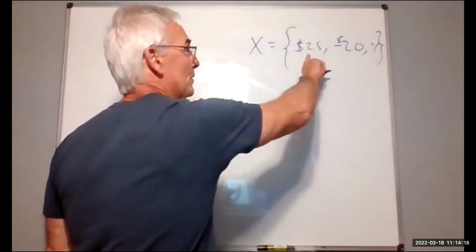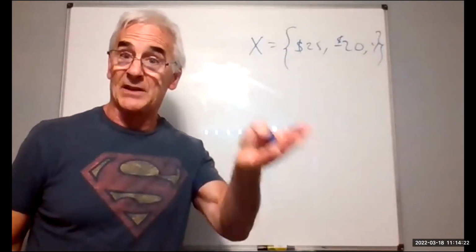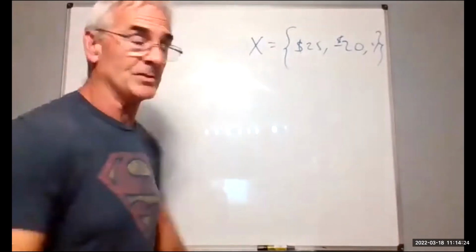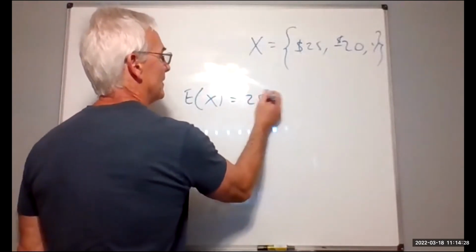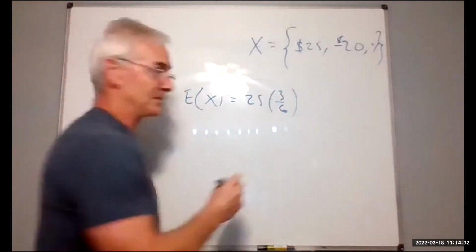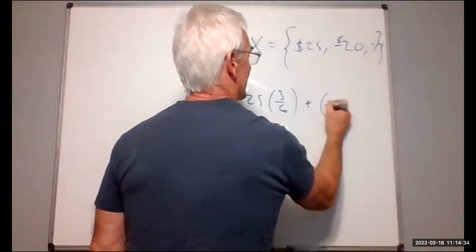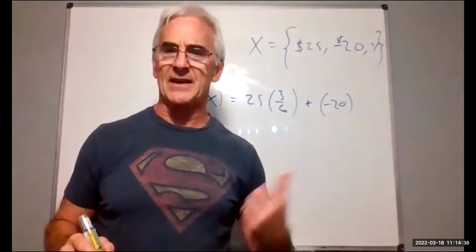What is the probability of the first one? Well, it was the roll of 1, 2, or 3, so that's 3 of my 6 rolls. So the expected value would be 25 times 3/6, plus negative 20 times what? How many of the rolls will I have that outcome?